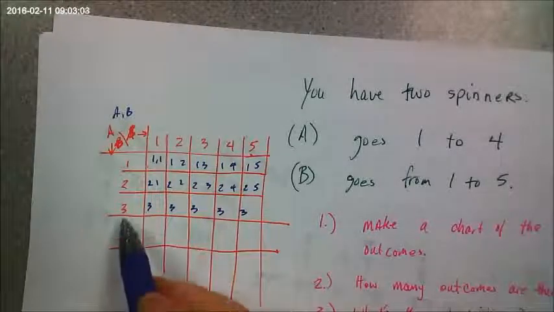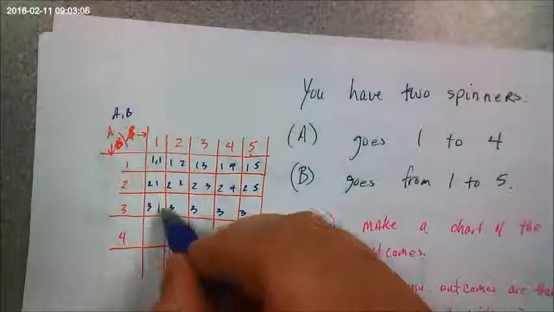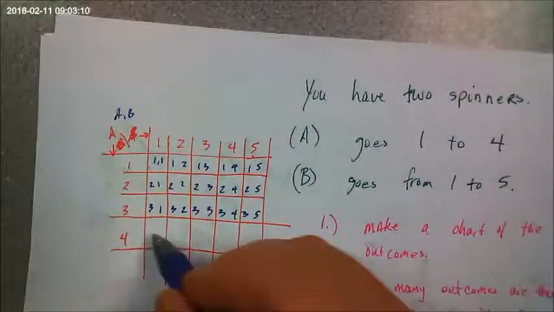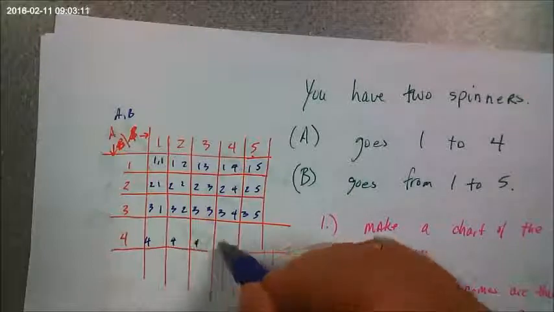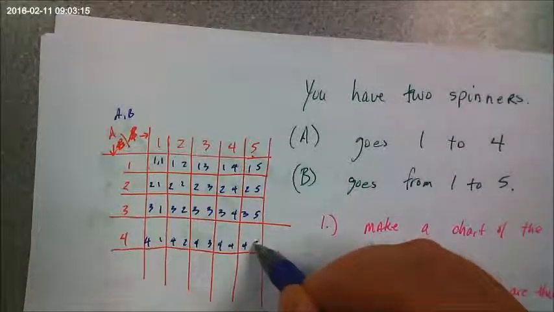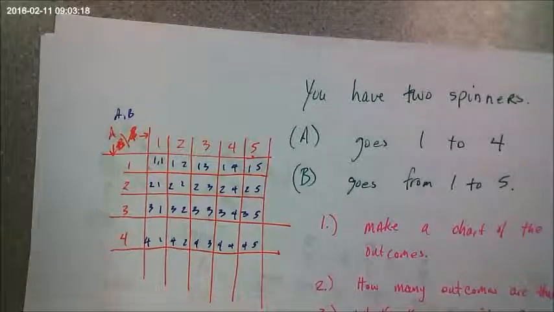Let's say you spun spinner A first and got a 3, then you could get a 1, 2, 3, 4, or 5 for the second one. So do you see that there are 20 outcomes because there's 20 spaces on the chart?